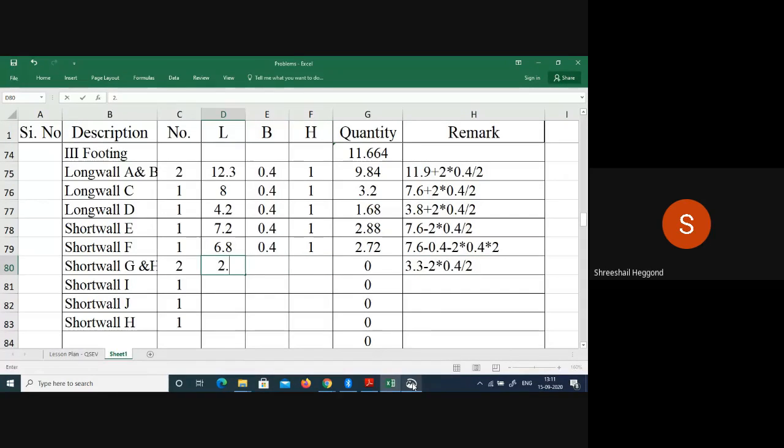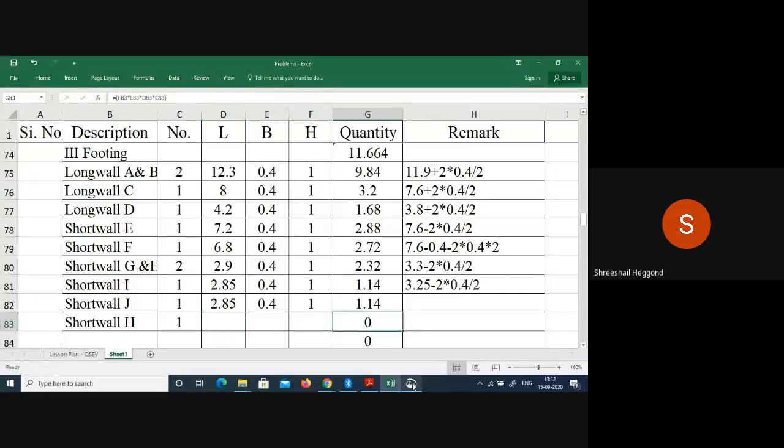It will be of 2.9, 0.4, 1 meter. I is center to center 3.25 minus 2 into 0.4 divided by 2. This 2.85, 0.4, 1 meter. 2.85 remains same. That is 0.4, height is 1.